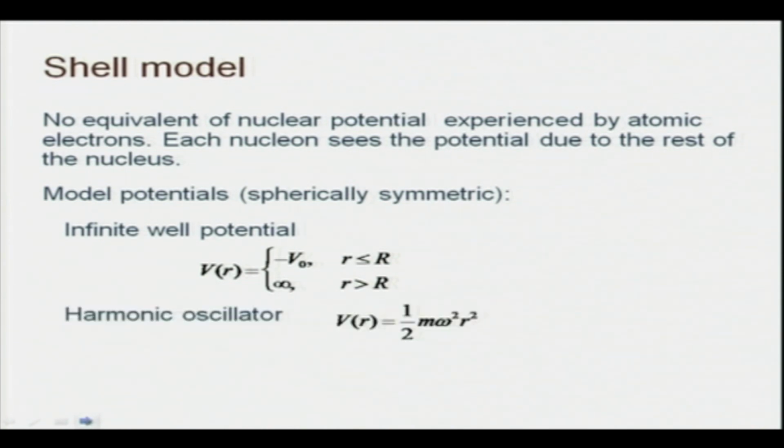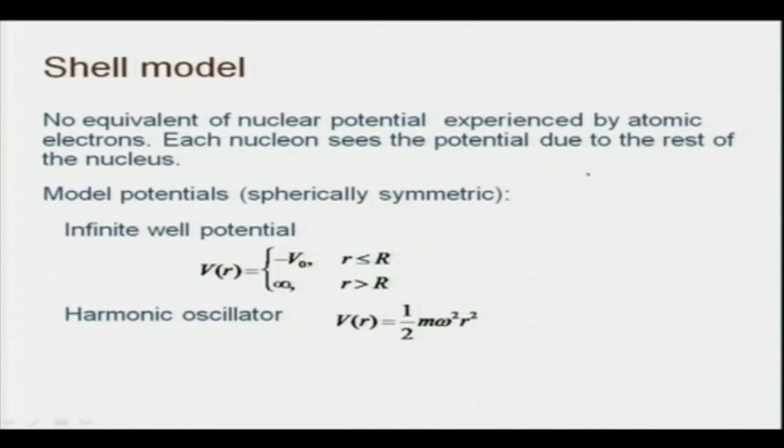The other thing that you can do is to consider the harmonic oscillator potential, which is also a well understood potential in quantum mechanics. It is a confining potential. It is 0 at r equal to 0 and grows to infinity at infinity. So, it is going up. Let me draw this for you.